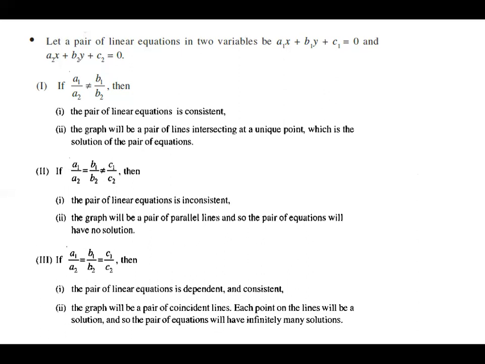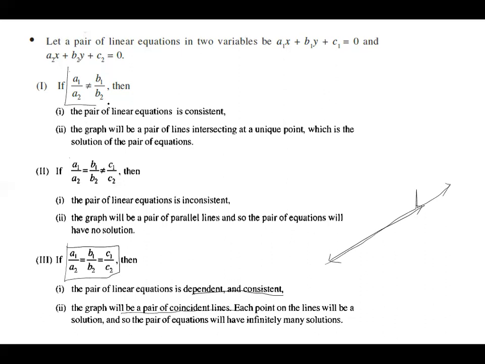Or the third one is when a1 by a2 is equal to b1 by b2 is equal to c1 by c2, then the pair of linear equations is dependent and consistent. The graph will be coincident lines, that means the graph you will draw, one goes over the other. This is the condition if a1 by a2 is equal to b1 by b2 is equal to c1 by c2.